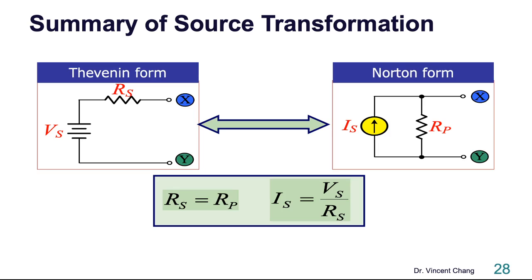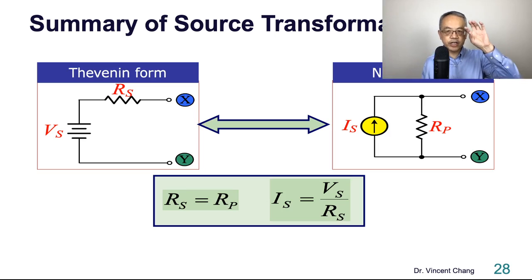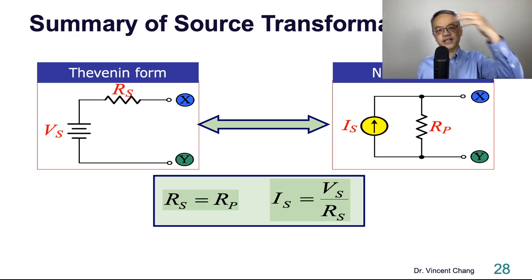Summary of the source transformation. We are approaching the end of this lecture, so let me remind you: the transformation is bilateral. You can either go from left to right, from Thevenin to Norton, or from right to left, from Norton to Thevenin.